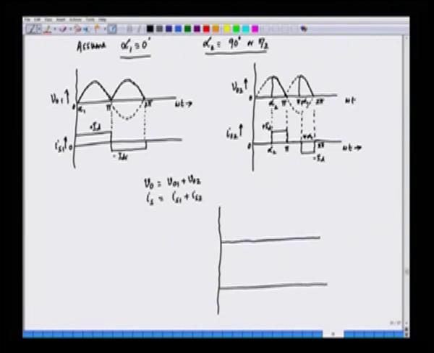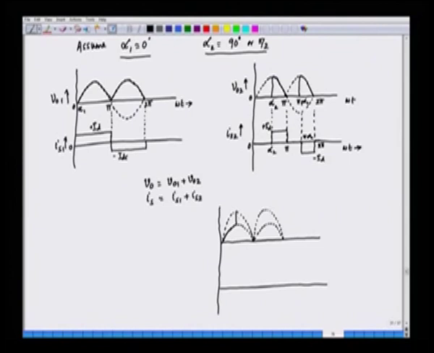Basically, what we have here, we have two converters. So, we will have the two voltages added together. The first converter is operated at alpha 1 equal to 0, so the output voltage is the full output voltage, and alpha 2 is pi by 2.